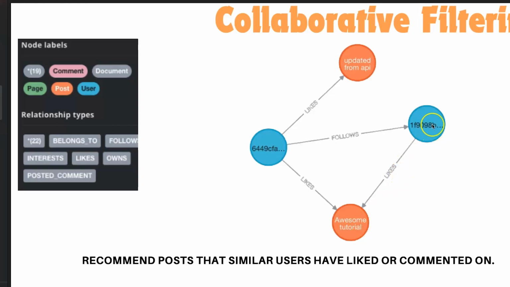So if I want to recommend posts to this user, I can recommend the one updated from API, because we have this user who also likes the same post that I liked. So it's good to recommend this post to this user 1F because they share some similarity of liking the same post. So this user has a probability to like this post. So to the user, I will show this post, which is updated from API.